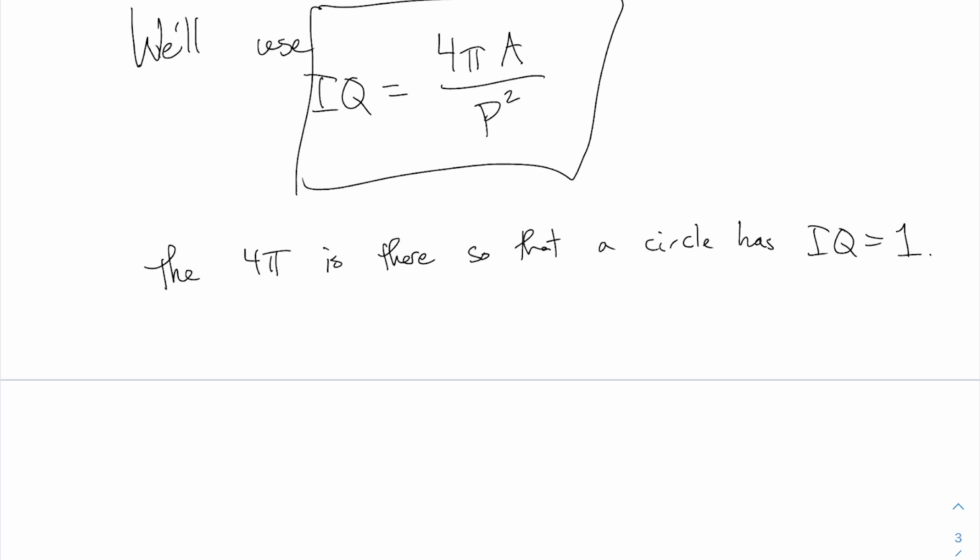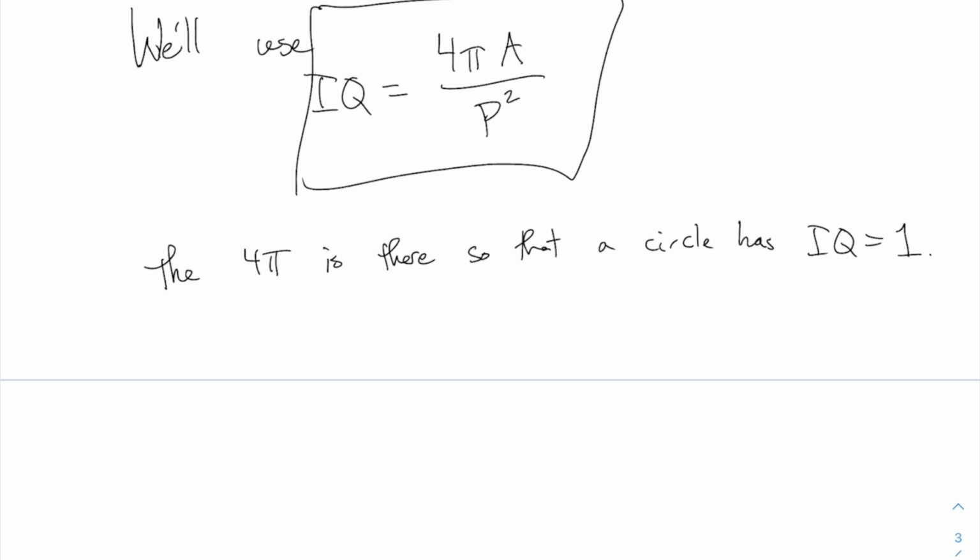If you do the geometry using a circle, you should always get 1 as the answer, and this formula was specifically designed to give you 1 if you're using a circle. That's the point of the 4 pi. If you're using a circle, the perimeter will be something like pi times the diameter, and this 4 pi is meant to cancel out the pi's that you get from the perimeter. All right, the 4 pi is there so that a circle has isoperimetric quotient of 1. Okay.